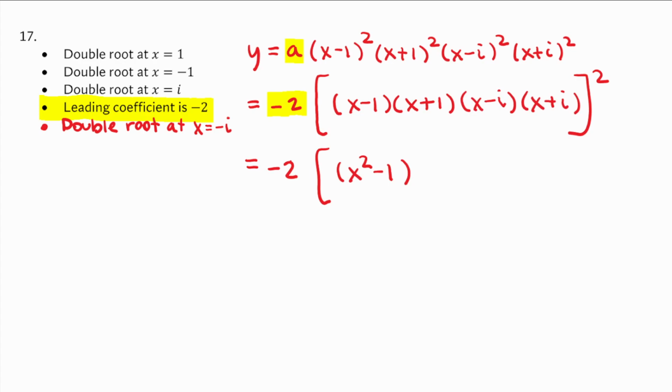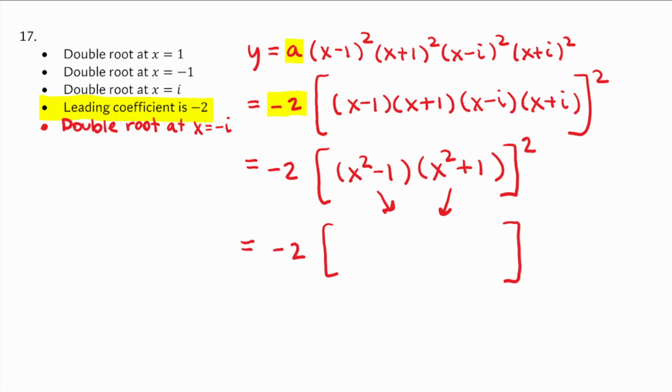And then x minus i times x plus i will be x squared plus ix minus ix minus i squared, so minus negative 1. Okay, and we're still squaring this. But I think I'm going to hold off for a little longer before squaring this, right? Because I could probably multiply these two things, and that's going to give me another difference of squares.